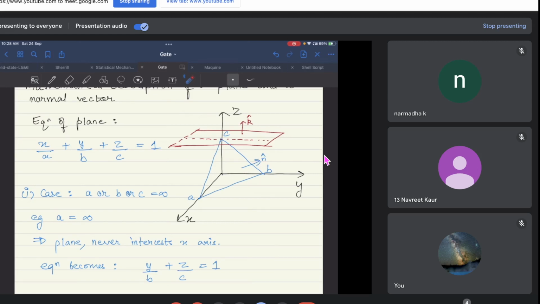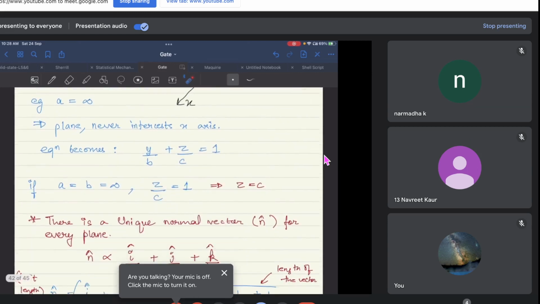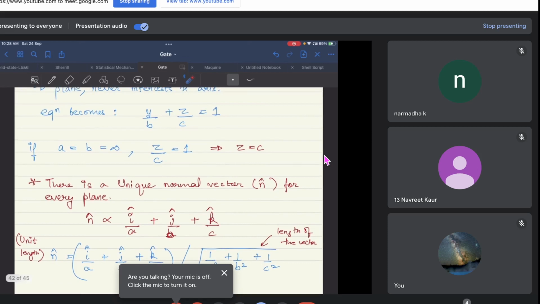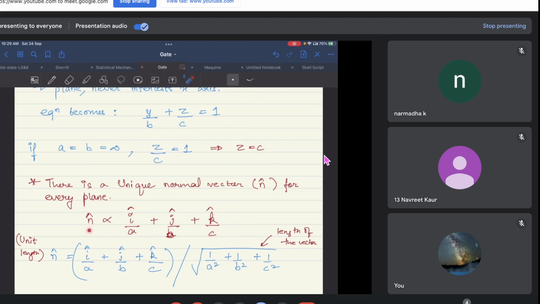And also for this plane in red, we have a vector in the k direction, because this is the equation of the normal vector, that is, n vector is proportional to i unit vector upon a plus j unit vector upon b plus k unit vector upon c. So this is the equation of the normal for each plane.